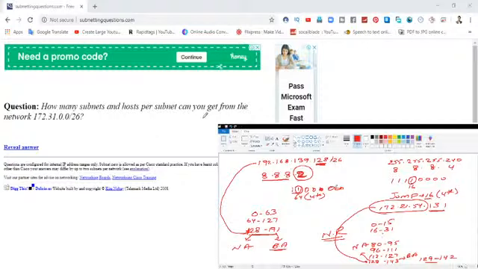We will follow that and try to find how many networks and how many hosts we can get. We have a network given here with a CIDR value, so we have to find the total number of networks and total number of hosts.